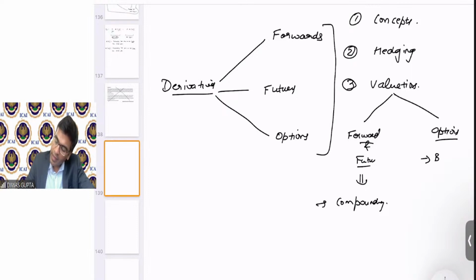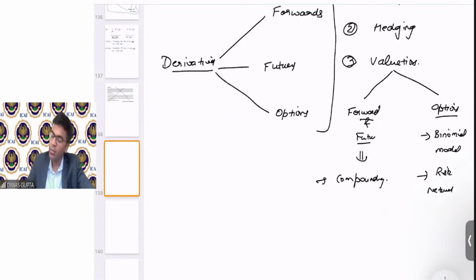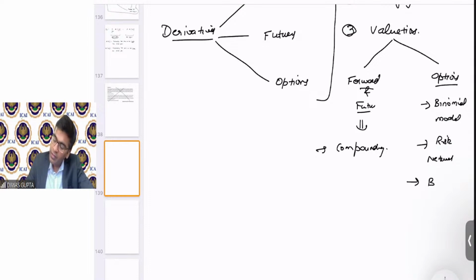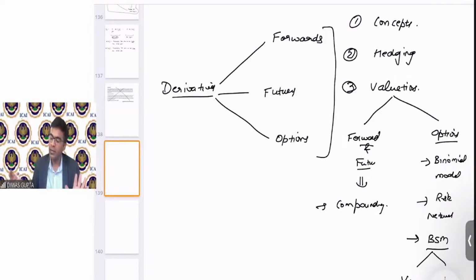One is the binomial model. Second, we discussed the risk neutral method to calculate the probability, which is again linked to the binomial model. Then today we discussed the Black-Scholes model, for valuing both call options and put options. Till now, we have studied these things, students.